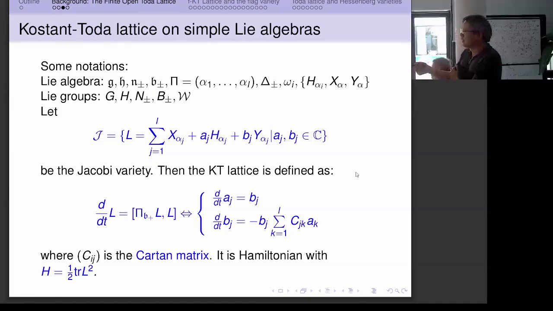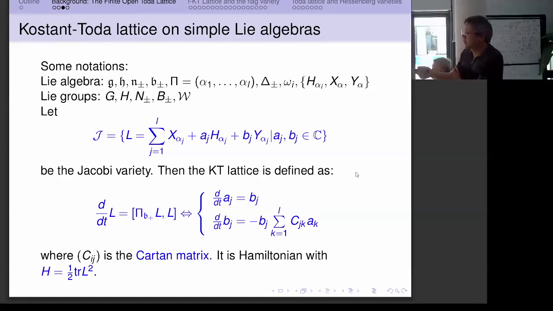Pi is the simple root system, and Delta_± is the root system. Omega_i here is the fundamental weight, which I will use later, and h_alpha_i, X_alpha, Y_alpha form the Chevalley system. The second line is the corresponding Lie groups, which I will not repeat. And W here is the Weyl group.